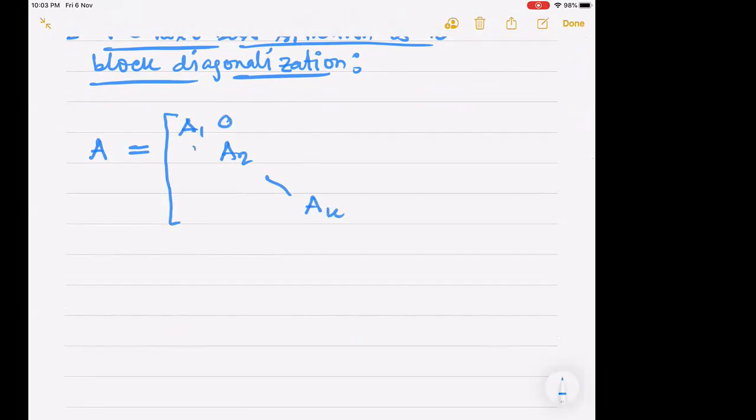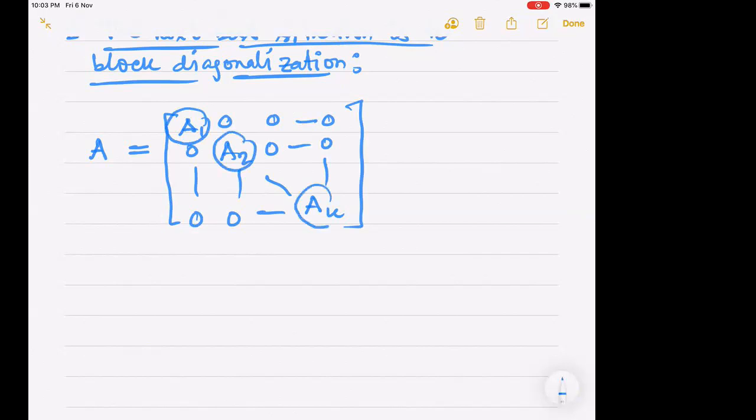These are all 0 blocks of appropriate sizes, where these A's are square matrices of some size. Then it's called a block diagonal matrix.